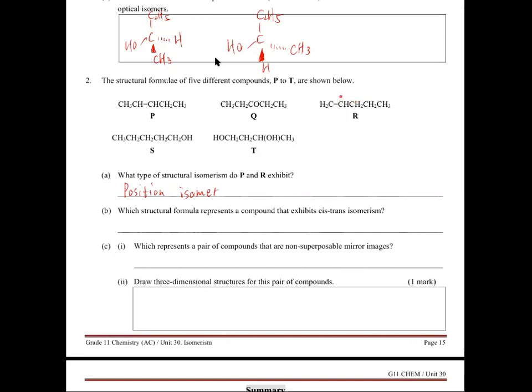For the first, as I'm pointing at R, we can take a look at R first. For R, you can see the ending carbon is attached to 2 identical hydrogens. So the 2 hydrogens are attached to the same carbon.